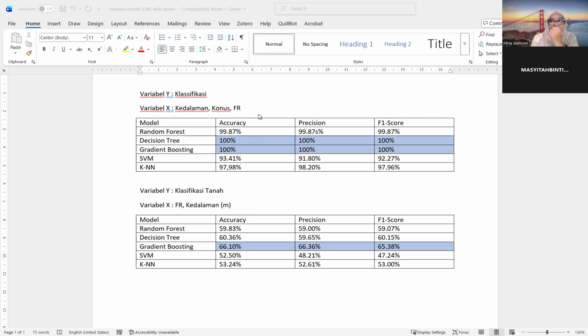Not void ratio, but water pressure from the CPTU. But in ITS we don't have CPTU, we only have CPT data.